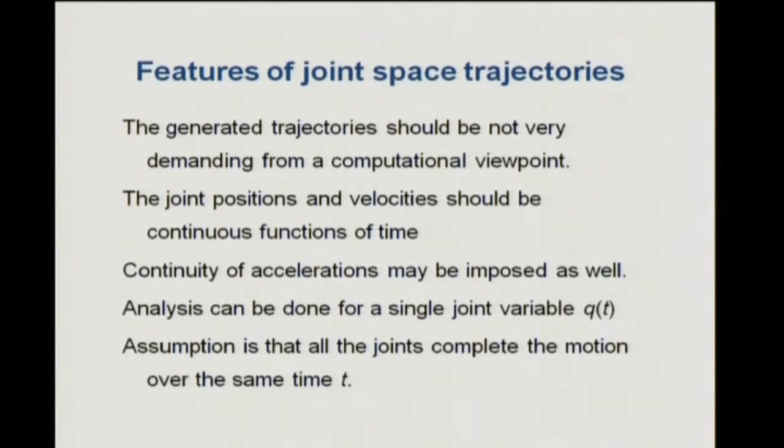And essentially, visually you can detect velocity discontinuities, but you usually cannot detect acceleration discontinuities. Do you understand the difference between the two? If there is a strong velocity discontinuity, you can see it visually, even standing from far, but you cannot see acceleration discontinuity. So, that is why this choice.